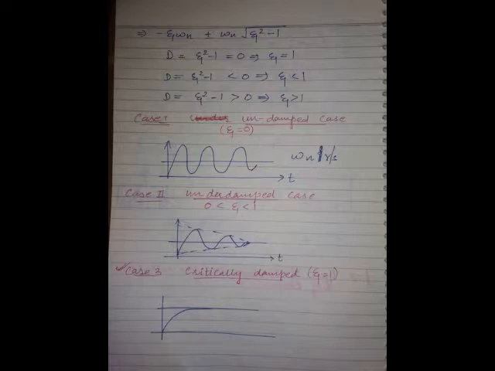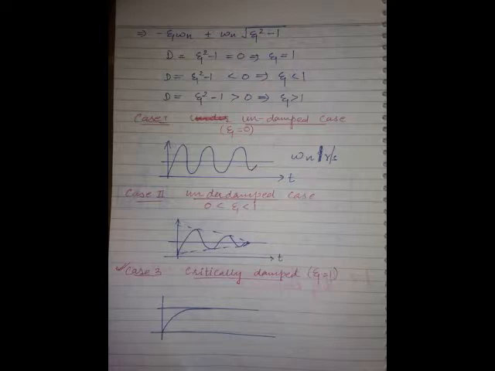Case 2 is called as underdamped case. In underdamped case, zeta value is greater than 0 but less than 1. You put any value of zeta less than 1, suppose 0.5 I am putting.